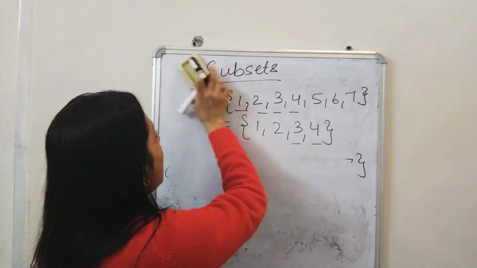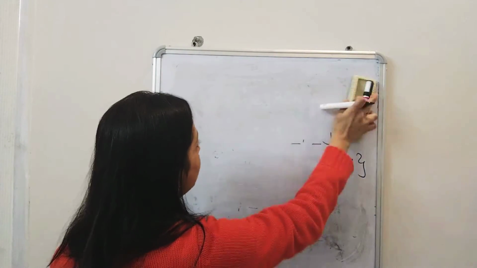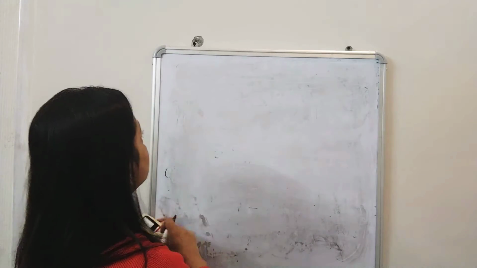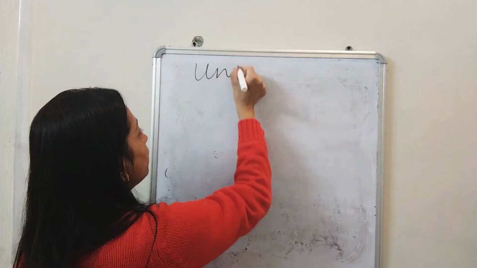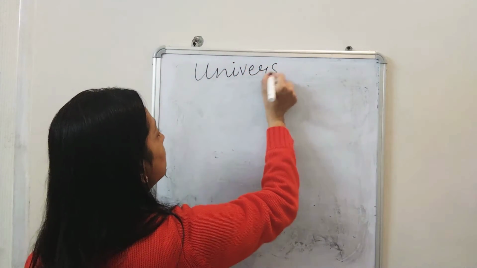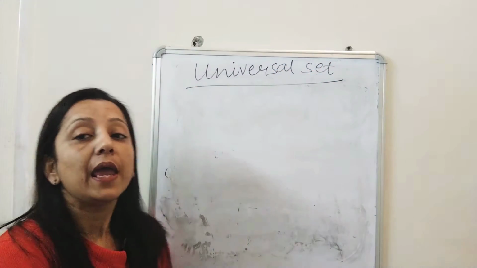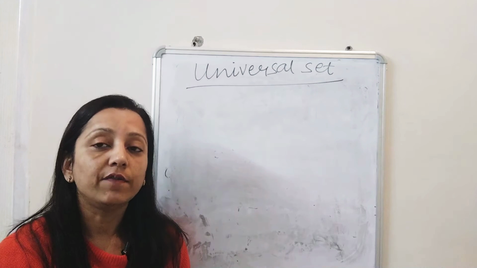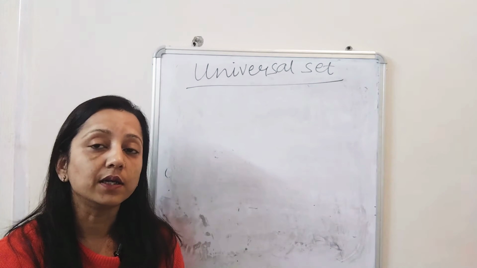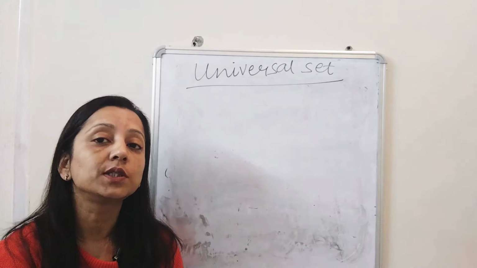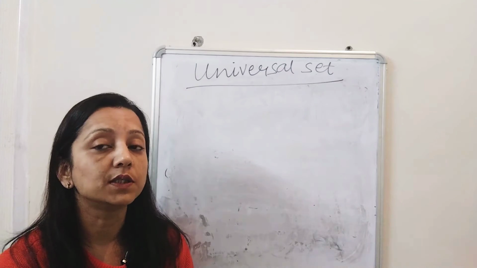Now we will discuss the universal set and the empty set. First, what is a universal set? Any set under investigation or consideration belongs, in most cases, to some universal set.